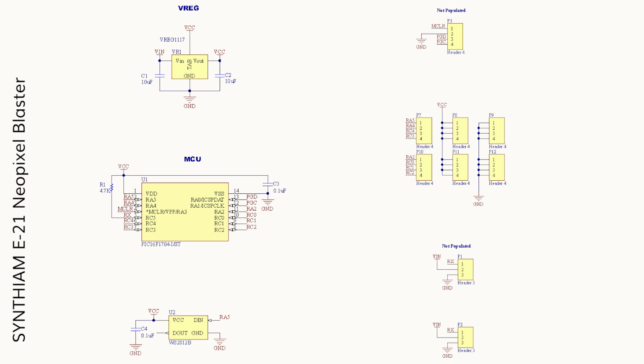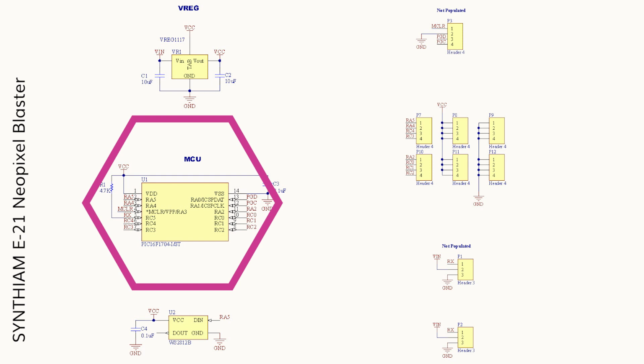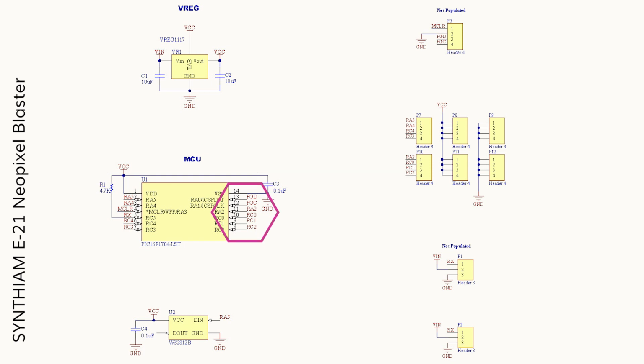You'll want to keep your voltage input lower so that it doesn't get as hot. The higher voltage you put into it, the more voltage it has to regulate, and the hotter it gets. Here's our PIC microcontroller with all the outputs, and those go to the 8 different channels that we can control Neopixels on. Here we have the Neopixel itself.